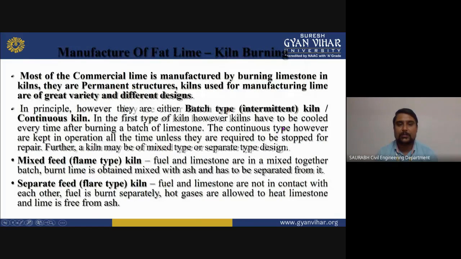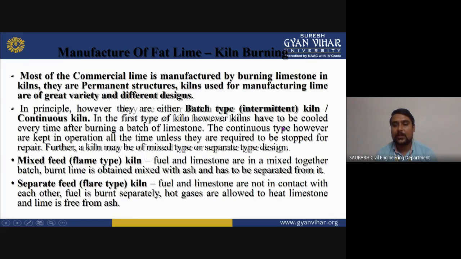Now, most of the commercial lime is manufactured by burning limestone in kilns, which are permanent structures. Kilns used for manufacturing lime are of great variety and different designs. So, kilns can be used for the manufacturing of good types of lime. In principle, however, they are either batch type, intermittent kilns, or continuous kilns. In the first type, the kiln has to be cooled every time after burning a batch of limestone.